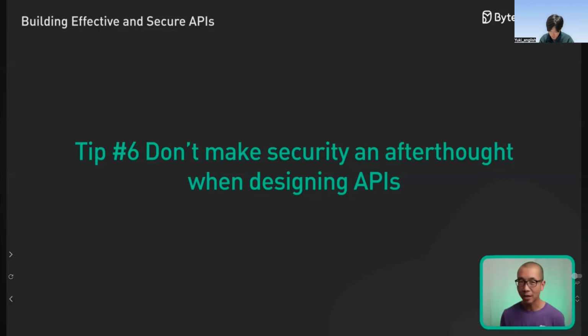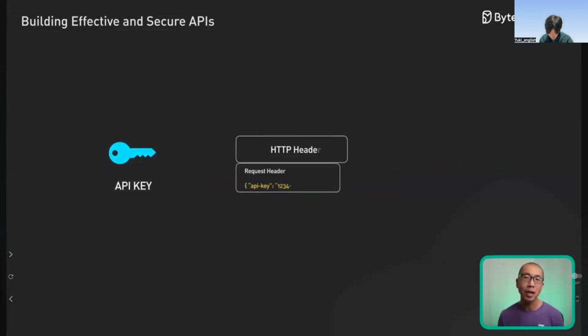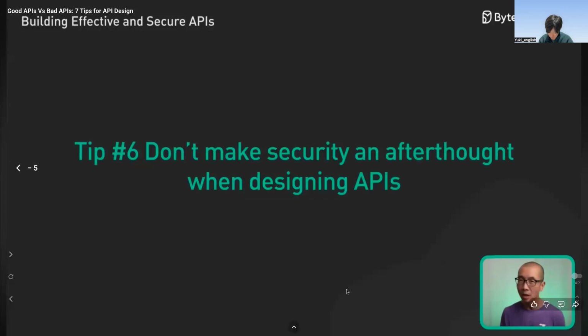Next sentence. For sensitive credentials like API keys, leverage HTTP headers over URLs. Sensitive credentials like API keys.